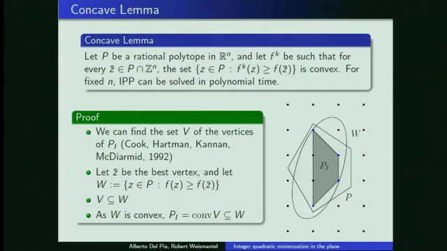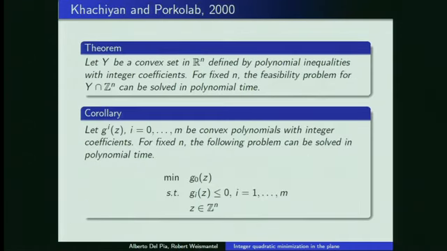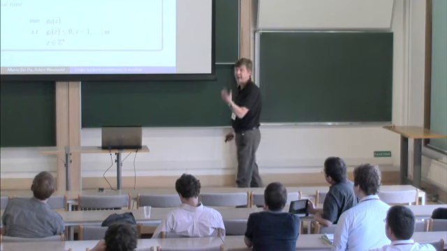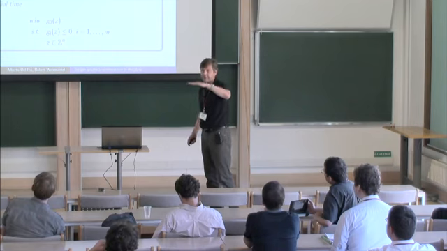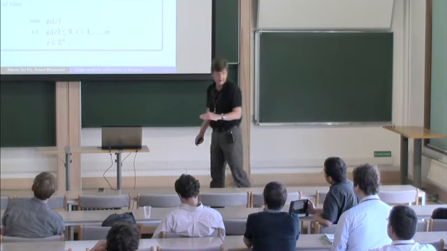Now, a second property is an extension of Lenstra's algorithm, an algorithm due to Khachiyan and Porkolab. You look at convex sets with the property that you can write them down by polynomial inequalities with integer coefficients. Given this description of your convex set, you need the property that the set is convex, and that you can write it down as the intersection of finitely many polynomial inequalities.